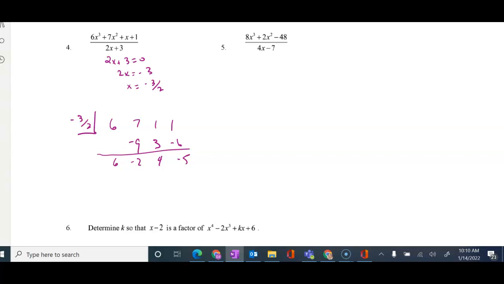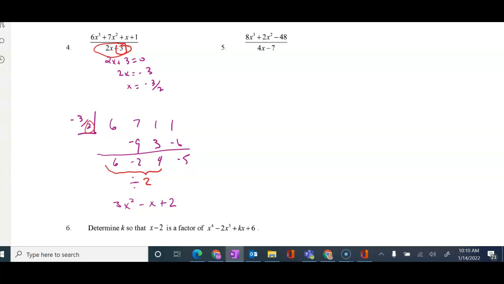Now, before I write the quotient, we have to alter it, since this is not a 1 lead coefficient. When I divided by that, I had to alter it. So if I divided this 3 by 2 right here, I divide these coefficients by 2, and I get 3x squared minus 1x plus 2.